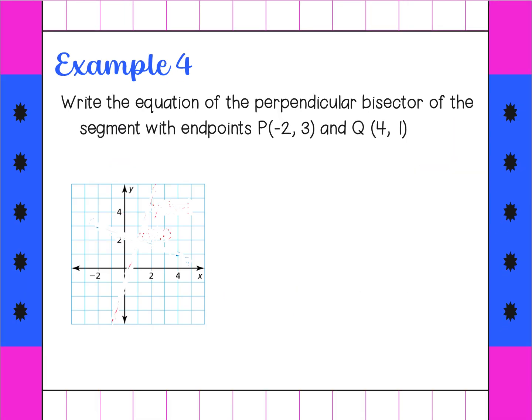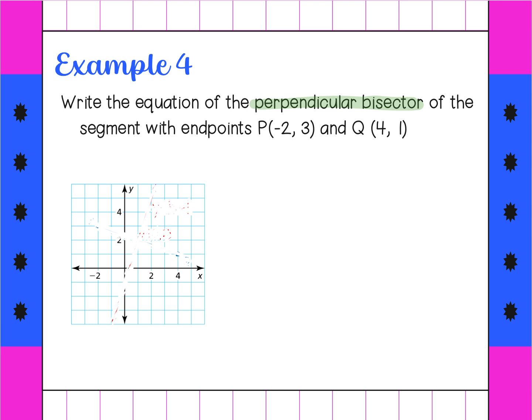Okay. All right, looking at example number 4, I know on your graph, like I said, it's given to you, but I want to do the process with you so you know how to solve this. It says write the equation of the perpendicular bisector. That's super important, that they're asking for the perpendicular bisector of this segment with the endpoints P and Q. So this is a process.